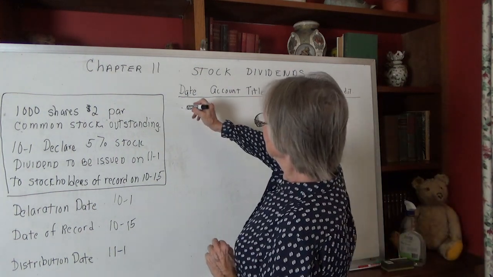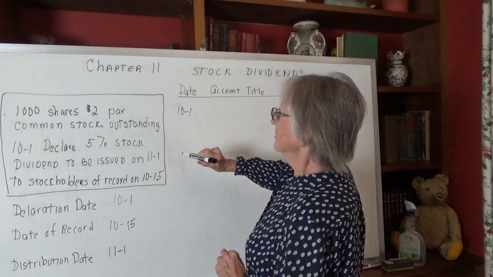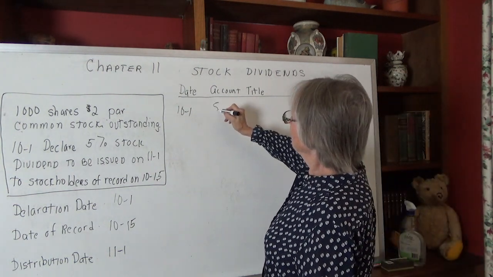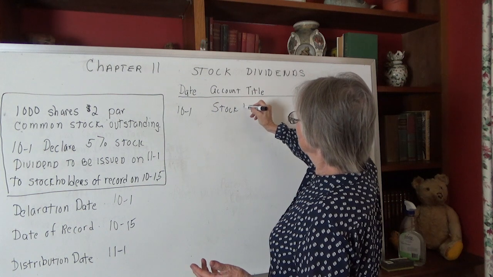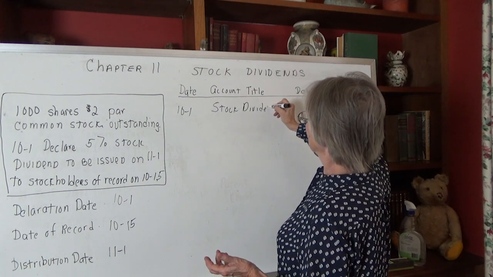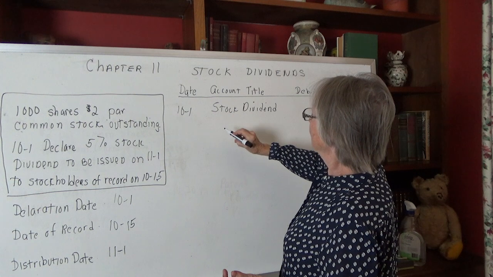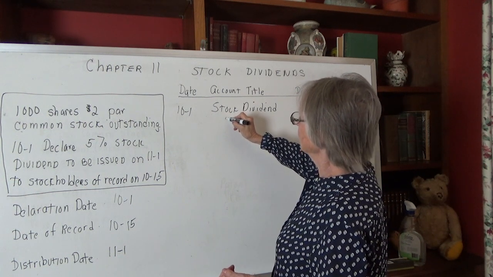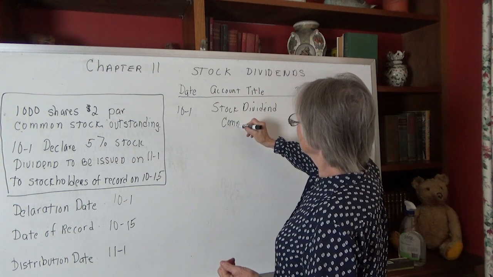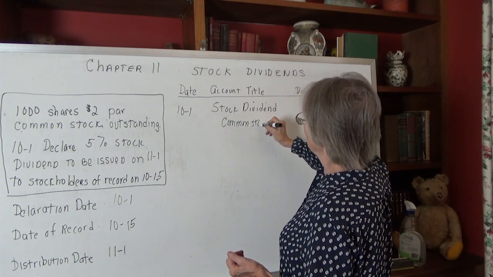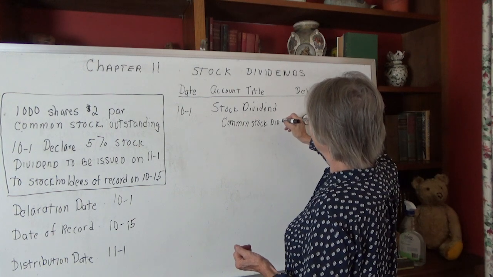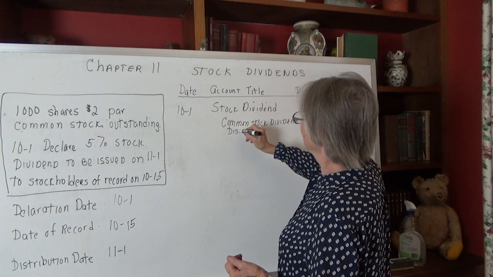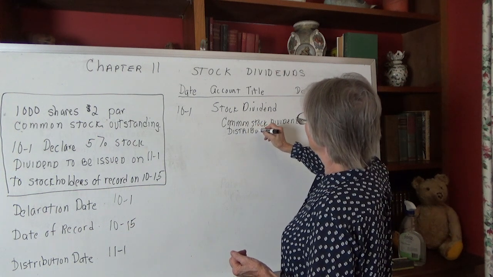On the declaration date, we have to figure out, first of all, what's going to happen here. So this is a stock dividend, so we're going to call it a stock dividend. We're not going to create a liability here. We're going to have what's called a common stock dividend distributable.